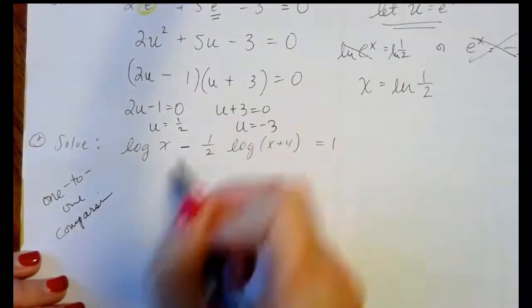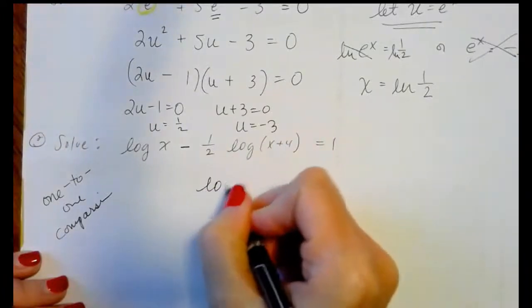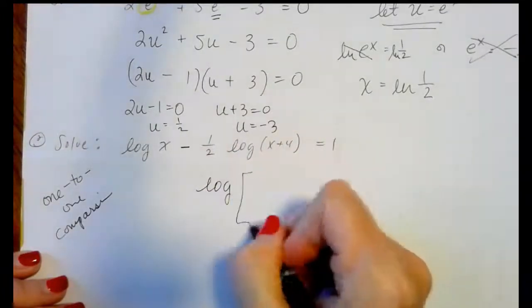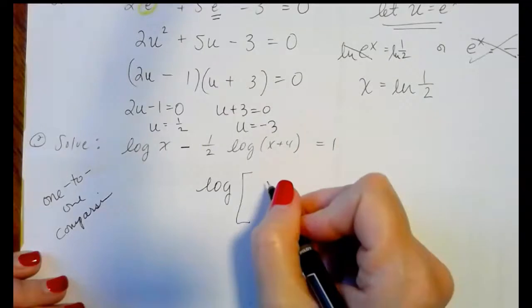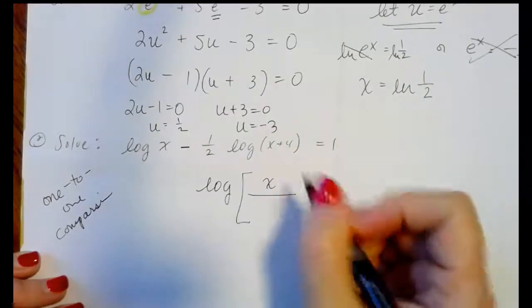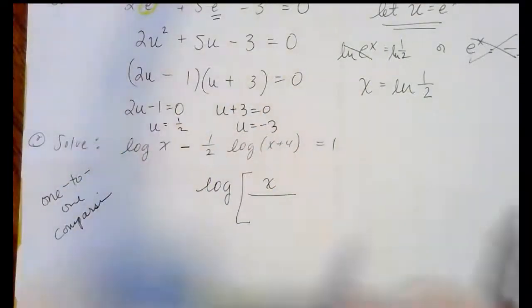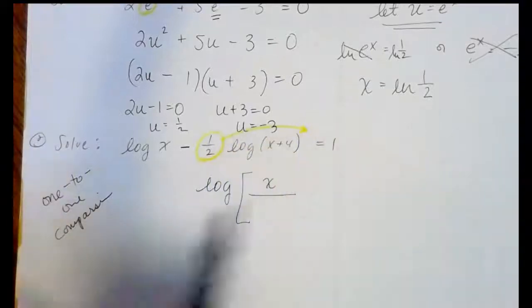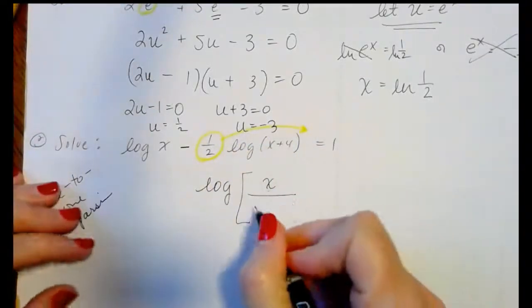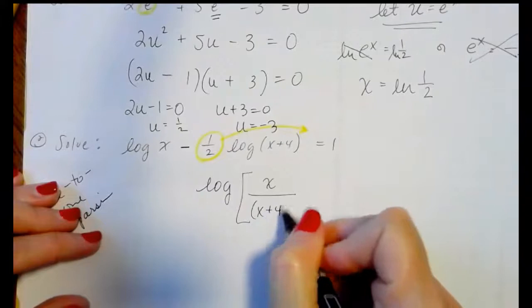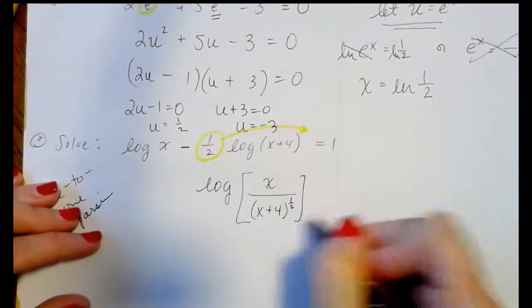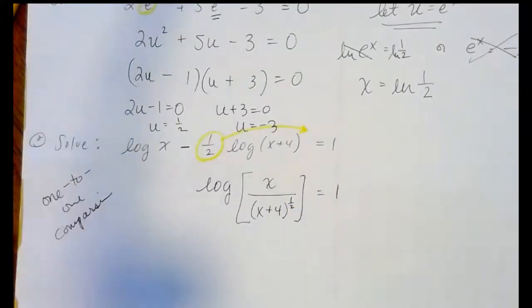Since this is a minus, we will change that to a quotient. So we have the log of x over, and of course we can Superman this power back, and that becomes x plus 4 to the 1/2 equals 1.